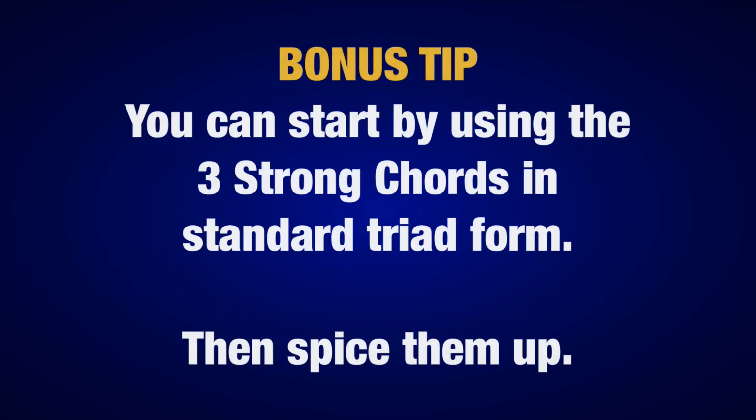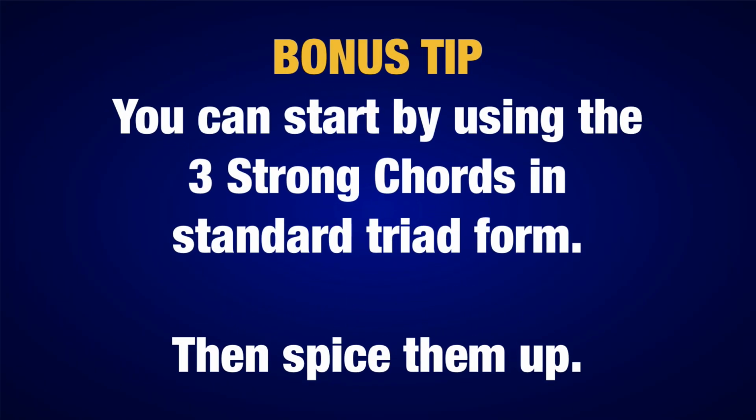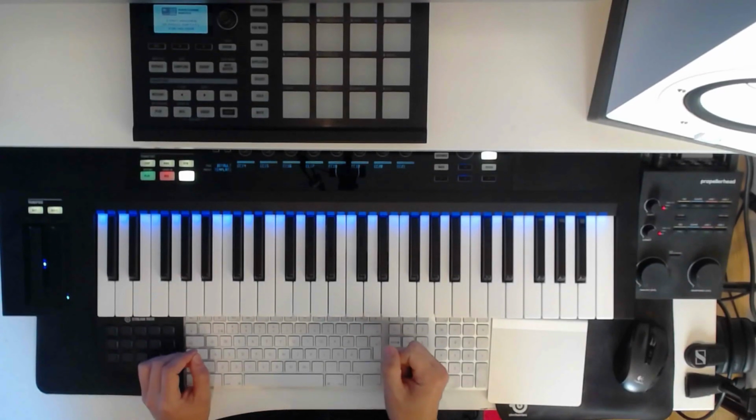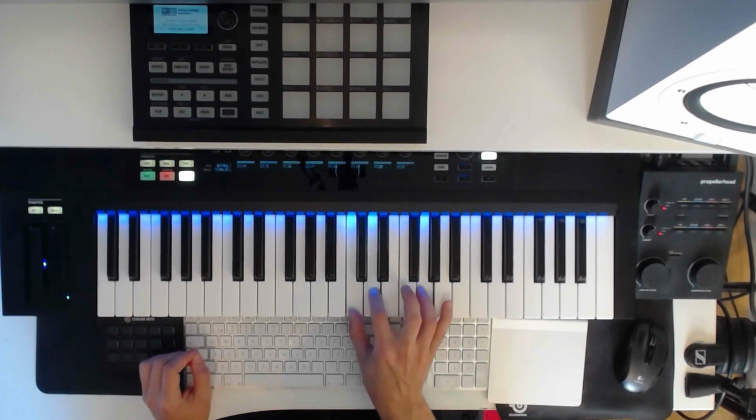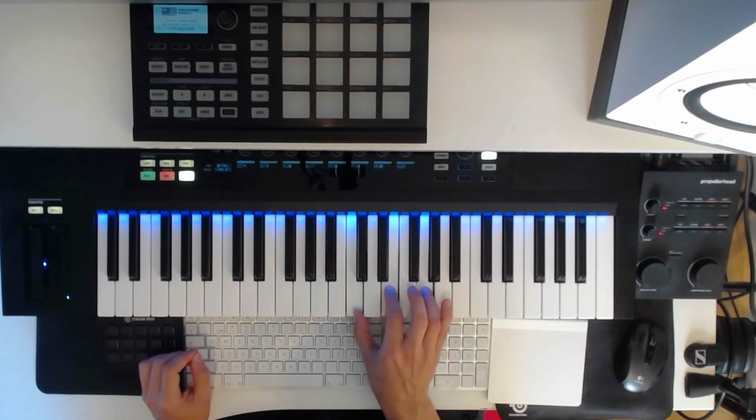Now here's a bonus tip for you. You can start by using the 3 strong chords of the scale you use in triad form as the main building blocks. Then you can spice up the chord progression by altering or extending these 3 strong chords. You can alter the triads into suspended fourths or suspended seconds, which adds a lot of emotion and a longing feeling to resolve.